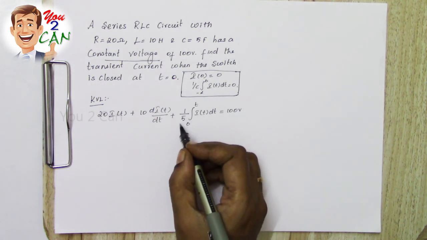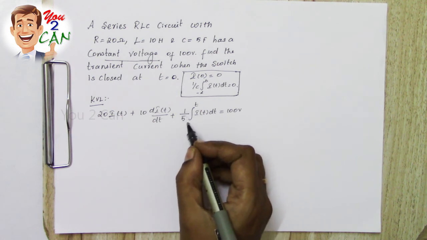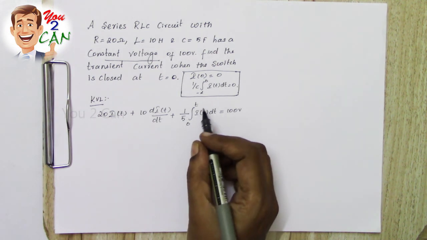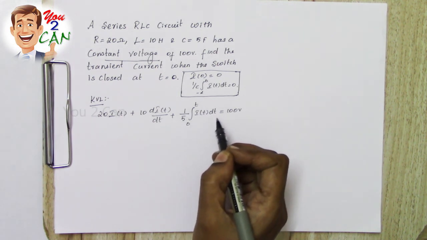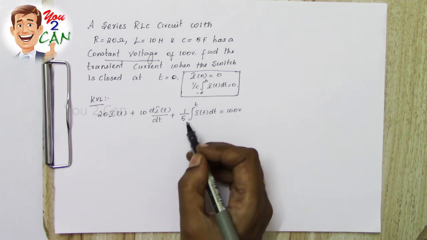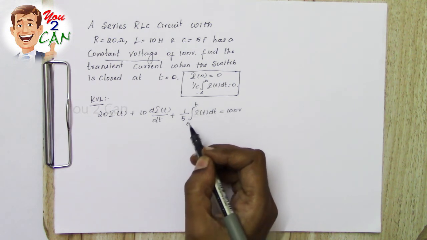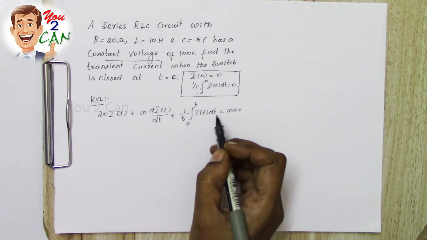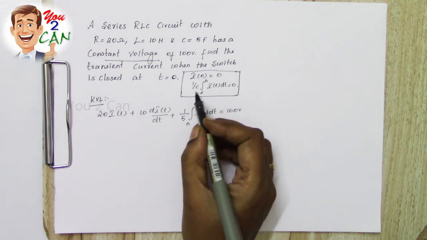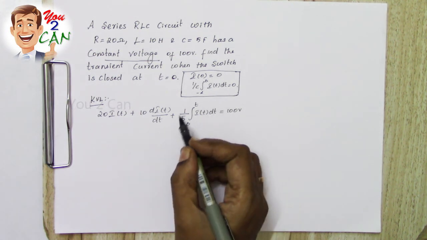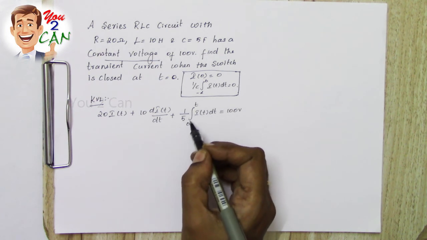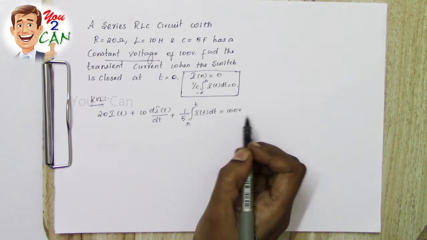We split the interval into two halves, minus infinity to 0 and 0 to t, and the previous voltage is taken as 0, so I have written directly 1 by C integral 0 to t of i(t) dt equal to 100.